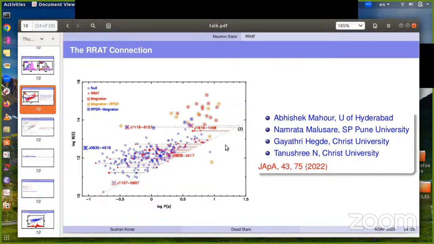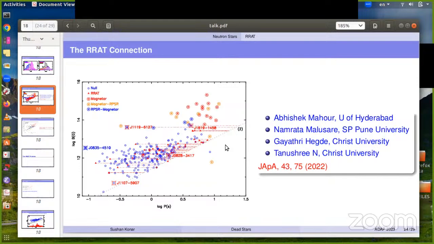So therefore, now that they are RRATs, they are probably not magnetars, which means their energy should be coming from the spin down itself. They should not require a magnetic field decay. All right. Now this is theoretically very nice.